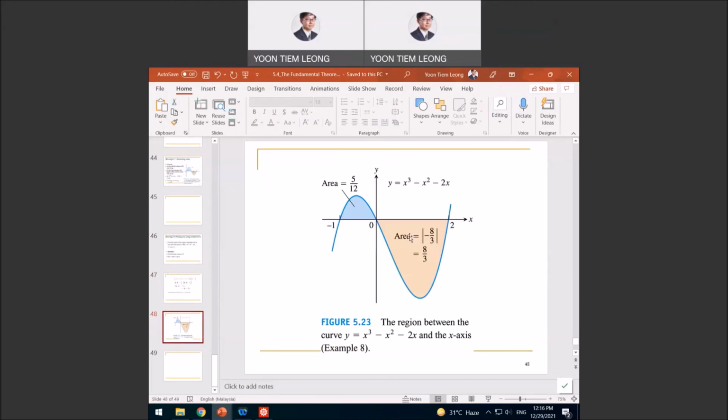So when you are asked for the area, you have to integrate the function piece by piece, and when you integrate the function in that piece, the function has to be of the same sign. So here, negative sign between 0 and 2, here is positive sign. So you have to separately integrate the function in different regions of x, so that you can obtain the area properly.